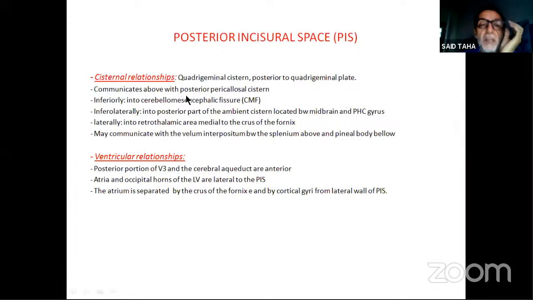It communicates above with the posterior pericallosal cistern, inferiorly into the cerebellomesencephalic fissure, inferiorly in posterior parts of the ambient cistern located between the midbrain and the parahippocampal gyri, laterally into the retrothalamic area, medial to the crus of the fornix, and may communicate with the velum interpositum between the septum above the pineal body, between the splenium and the pineal body.